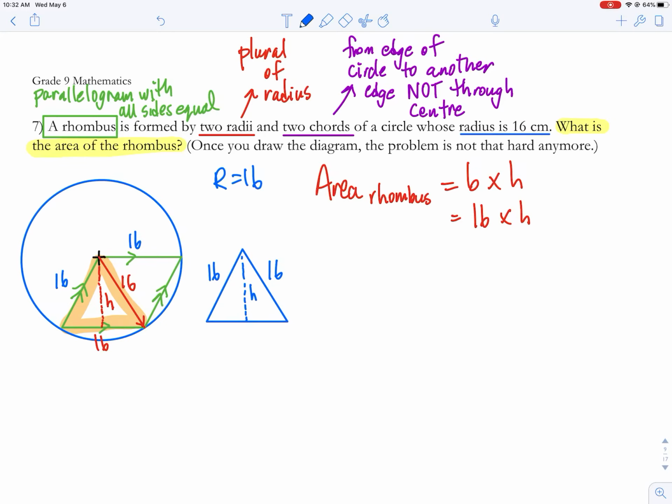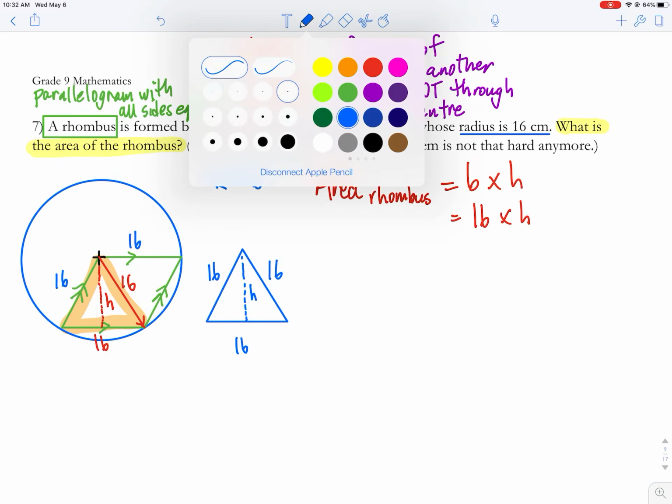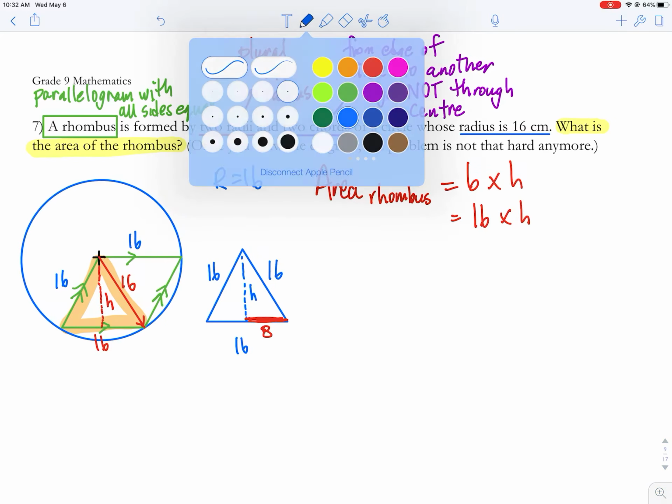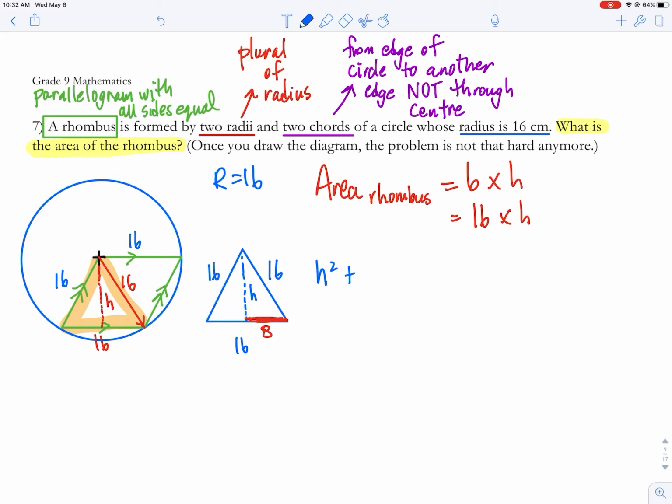We don't know what that H is. We know that 16 goes across the bottom, so that means that this part here is going to be 8. So I could figure out what H is by using Pythagorean. So H squared plus 8 squared equals 16 squared.